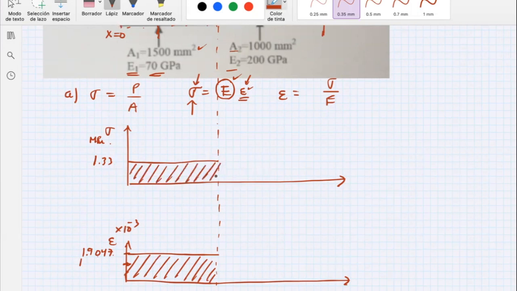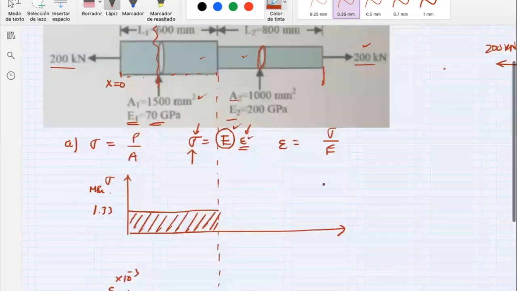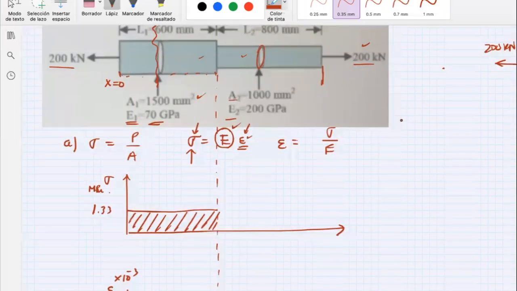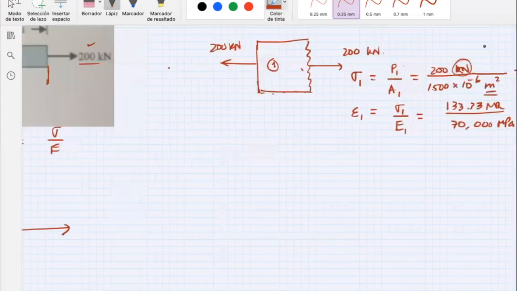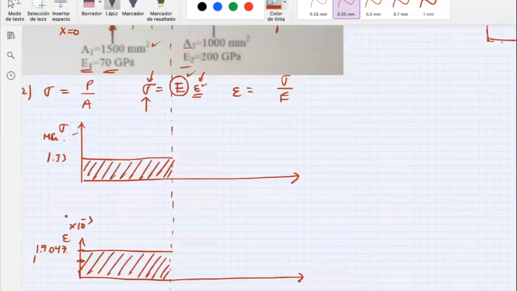So that's what a distribution is: how this thing can be changing along the length of the rod. If I do this again here and again here, the answer is going to be the same all the time. Therefore, the normal stress and the strain don't change.